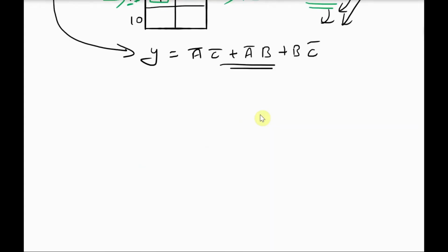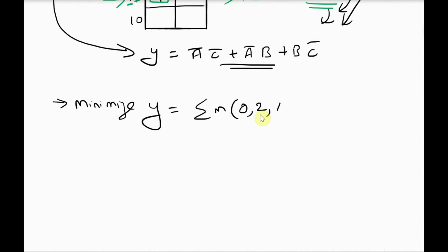We will see another problem. Minimize y is equal to sigma m of 0, 2, 4, 6. Again, 6 can be represented in binary in 3 bits, 1, 1, 0.